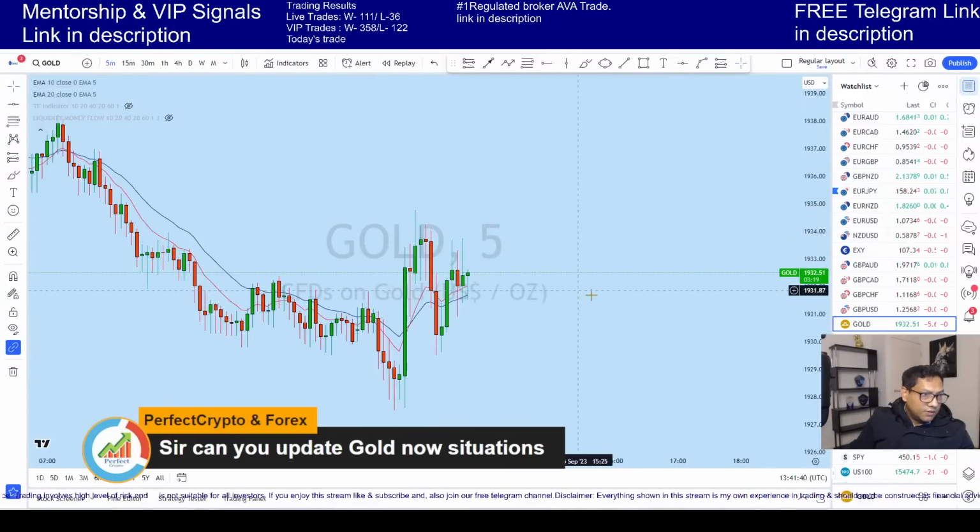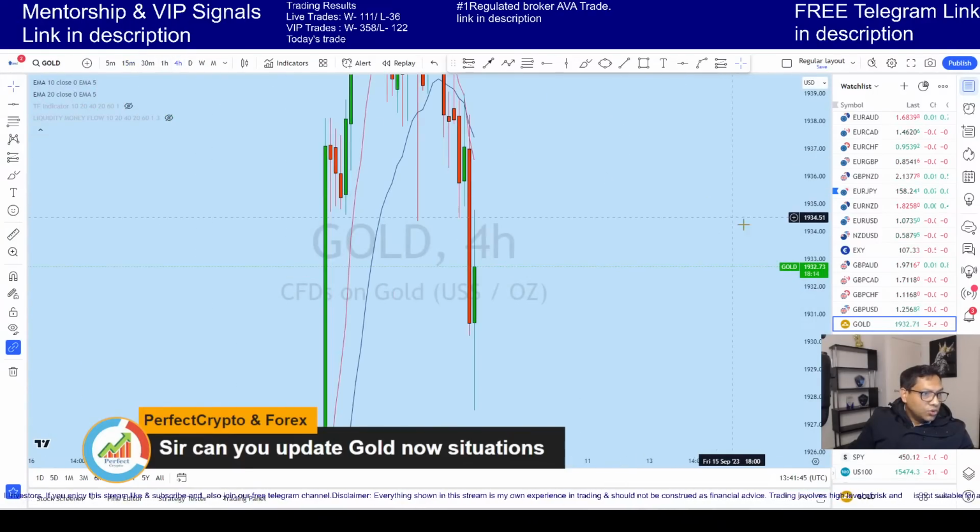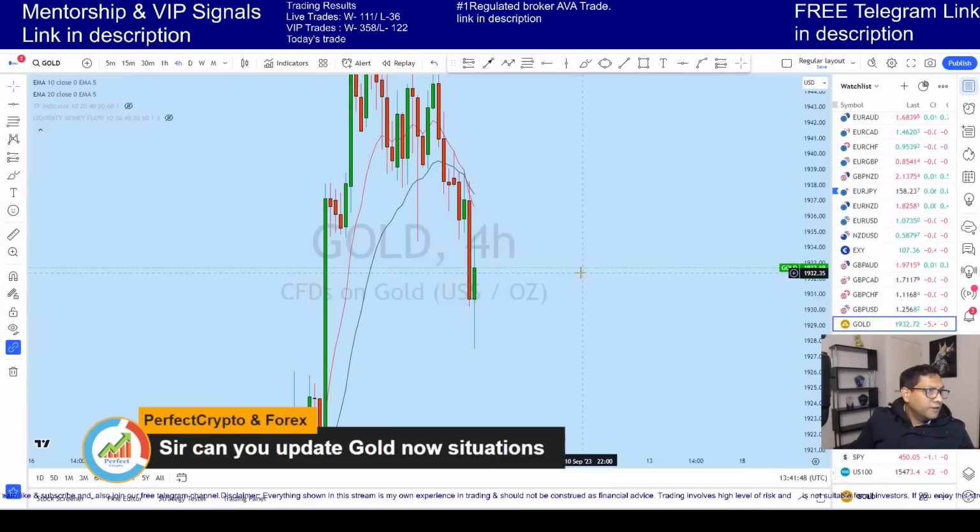Let's see, still in that zone, it's in a sideway. So the 4-hour candle close will tell us which way the market might be heading in that zone.